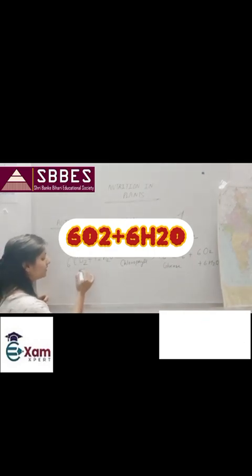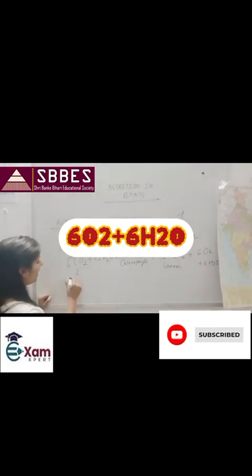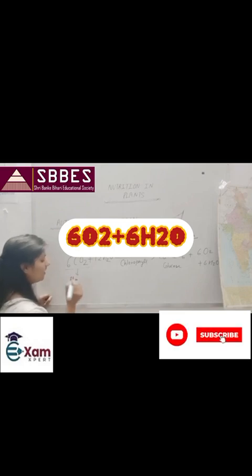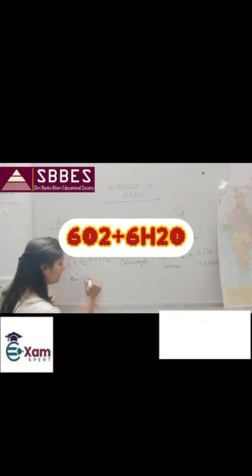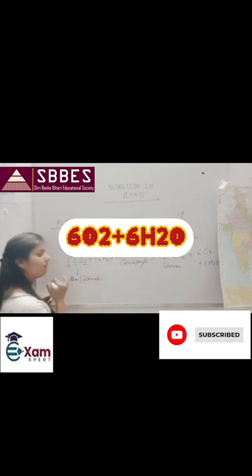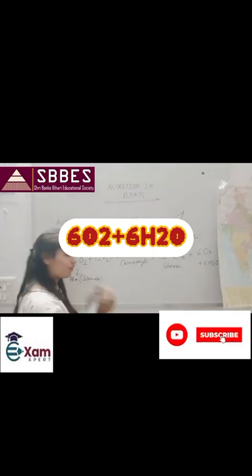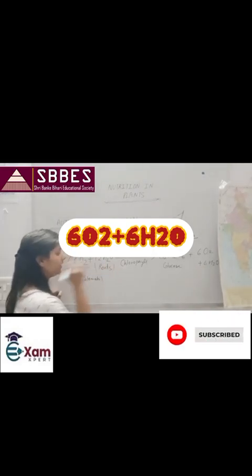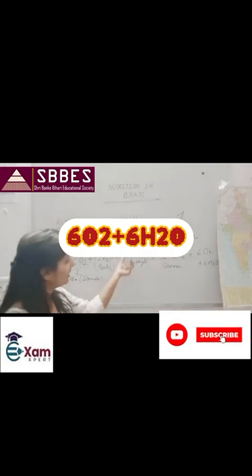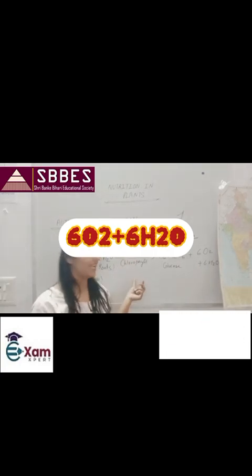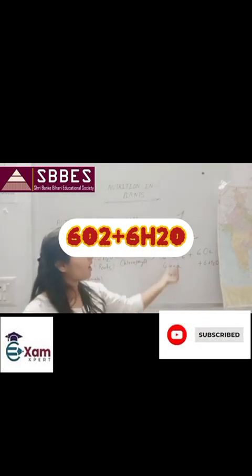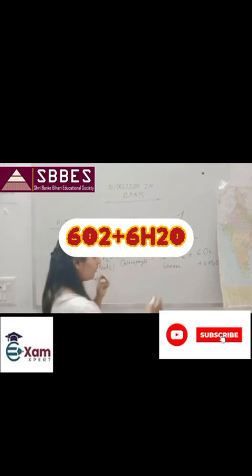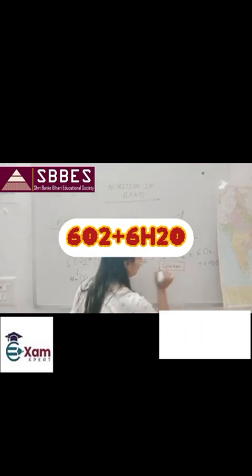Plants take CO2 from the atmosphere through stomata, and take water from the soil through roots, and then in the presence of sunlight and chlorophyll, they convert it into glucose, which is the original food.